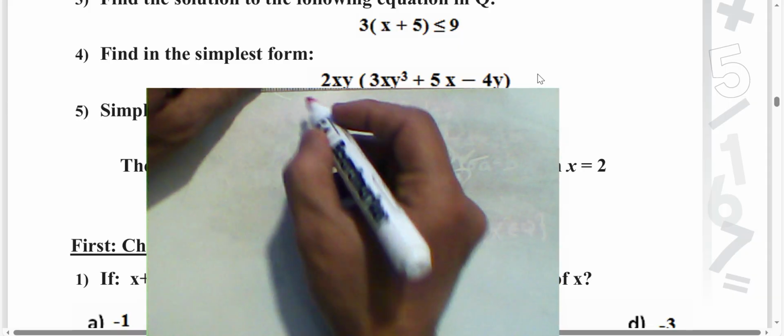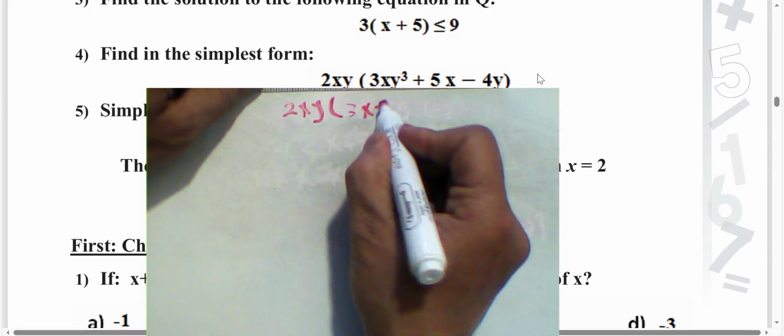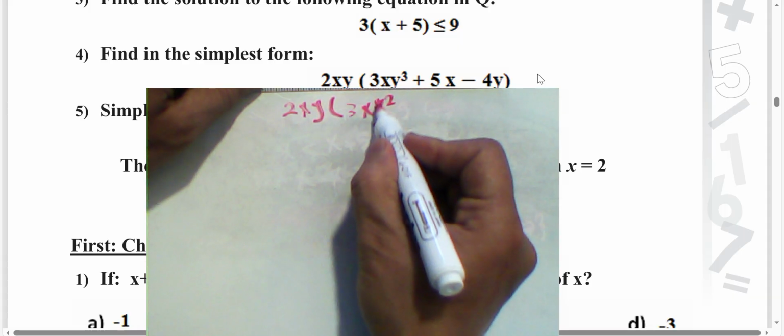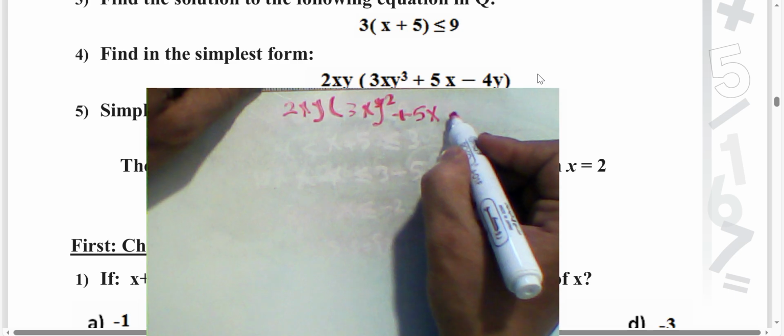Next question. Find the simplest form of this expression. 2xy product by 3xy power 2 plus 5x minus 4y.